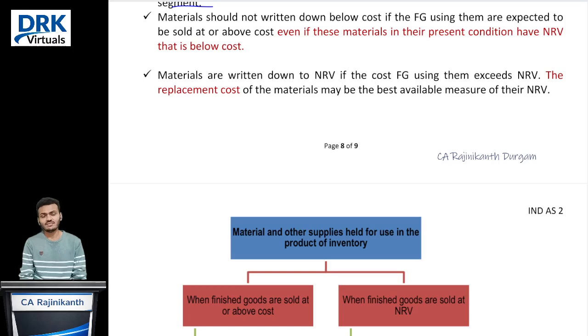And if we use our raw material to manufacture finished goods, and that finished goods is sold at or above cost, in that case raw material can be measured at cost only, even though that raw material's NRV is lower than cost. If the finished goods in which our raw material is incorporated is not selling at or above cost, in that case raw material should be measured at replacement cost. That is the best NRV, right?